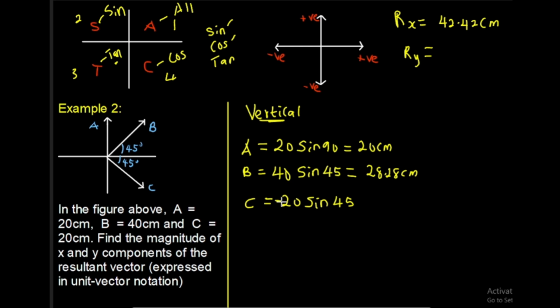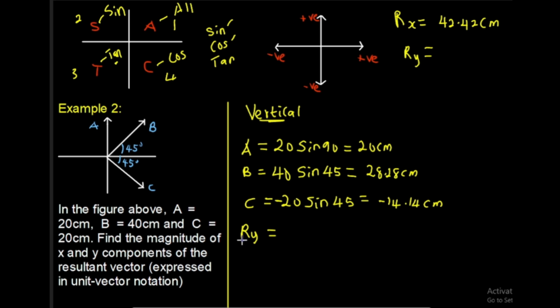So we'll put a minus sign here at the back. So we're going to have minus 20 sine 45, and that will give us minus 14.14 cm.